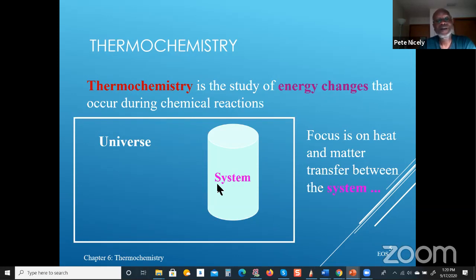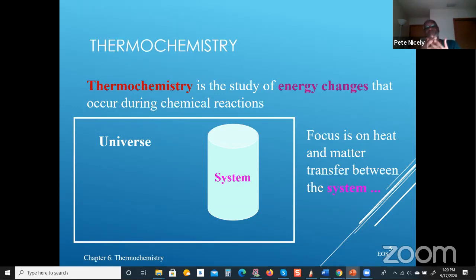Now, the system in this context is a particular area of interest, all right? So for example, the system could be regarded as a reaction in a test tube or a reaction in some vessel, right? That is what we call the system, okay? Everything outside of the system, which is a part of the universe, is called the surroundings, right?